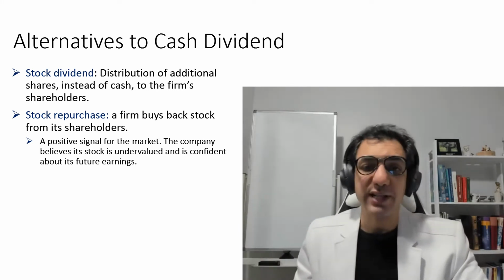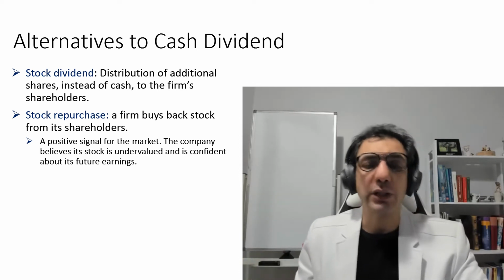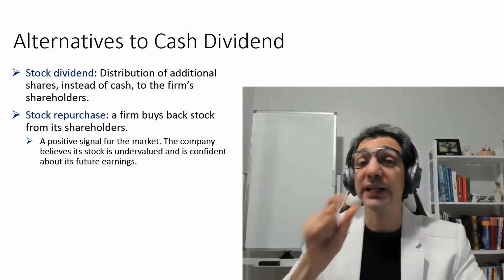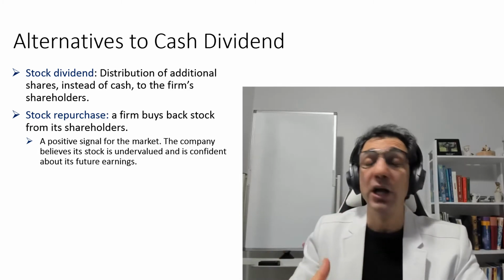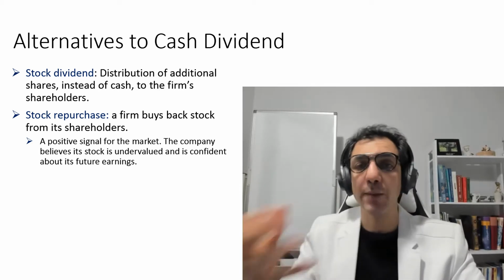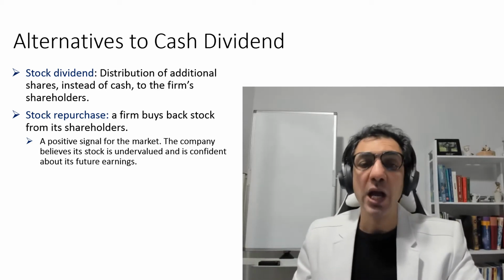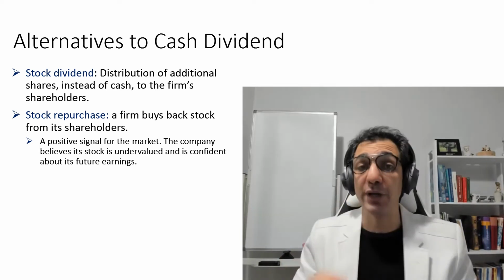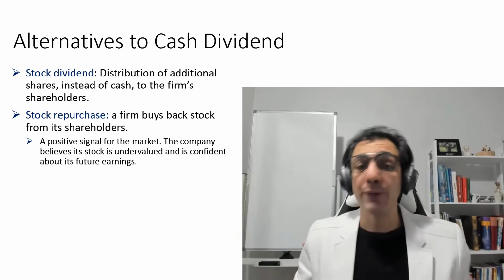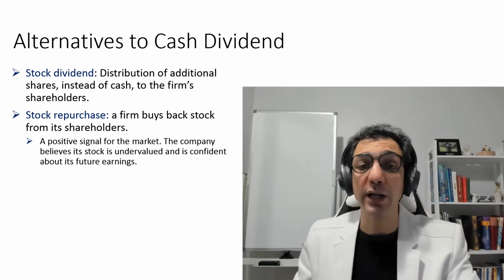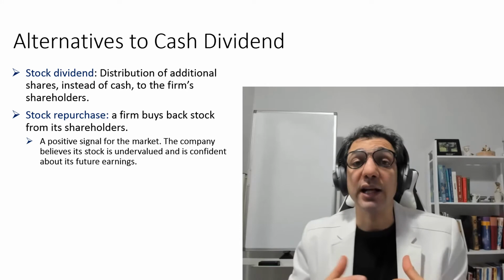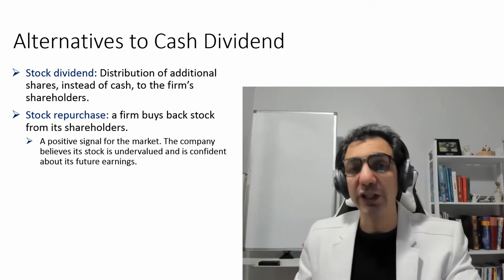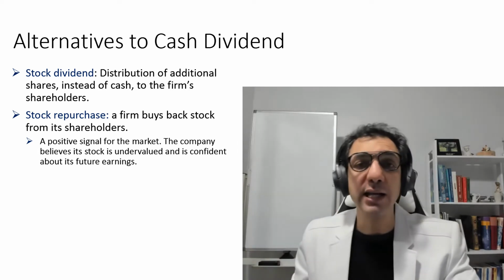A stock repurchase is another way the company can buy back its own shares. In this case, the company is paying cash, but in exchange it's collecting the stocks from the market. So the company is buying back its own shares. And remember, this is sending a positive signal for the market, because it signals that the company believes its stock is undervalued, so it is confident about the future growth and the future earnings of the company.